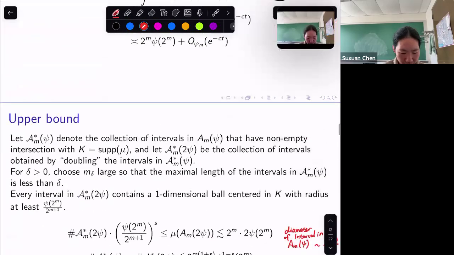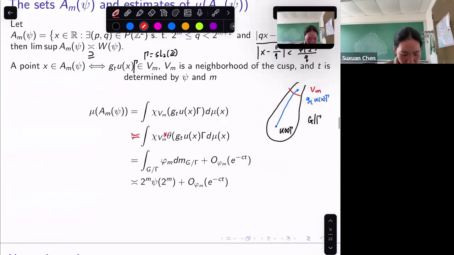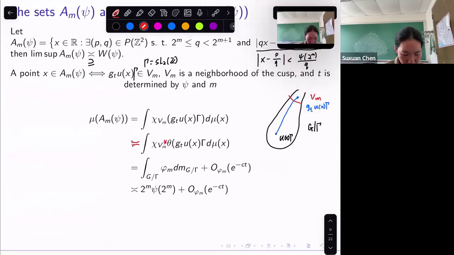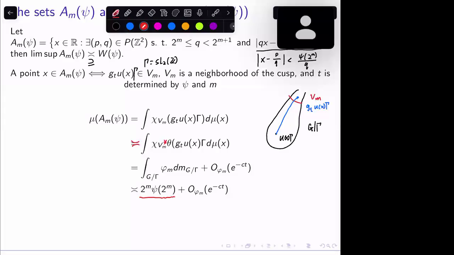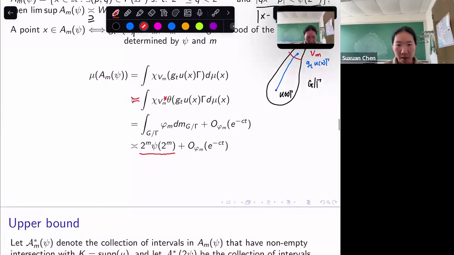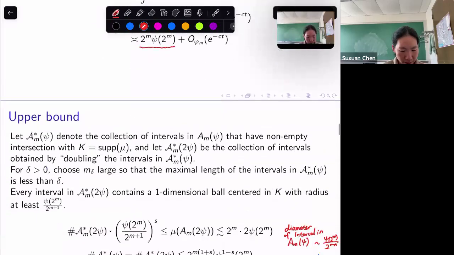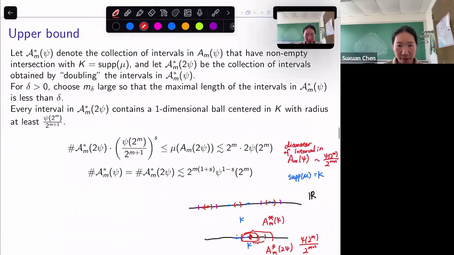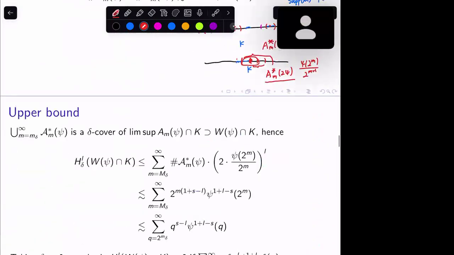Yeah, that's a good question. Thank you. So that's why we require that ψ not decrease too fast. We want the main term to majorize the error term. Oh, okay. Thanks. If ψ is not decreasing too fast, then we get an effective estimate. Yeah, thank you for that question.